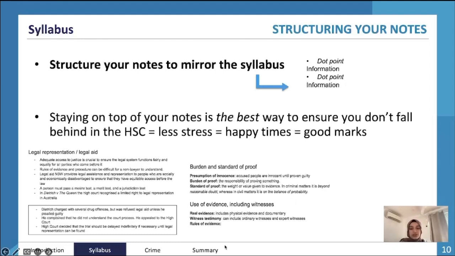Under that, you've got just a summary of the notes of that, so that, for example, a couple of days before your exam or assessment, whatever it is, you can just read over that and have a high-level overview of every single syllabus dot point. And remember, you cannot be assessed on anything outside the syllabus, so you're basically covering 100% of the content that you could be assessed on in your exam, your assessment, etc.